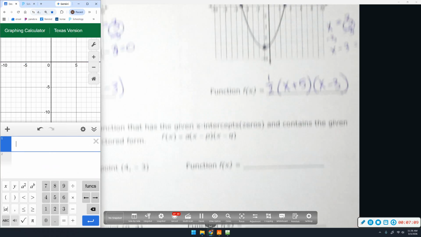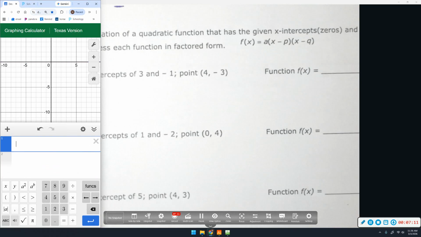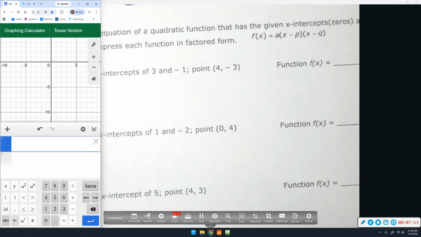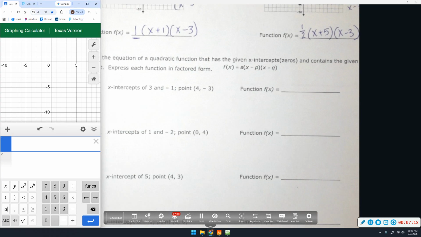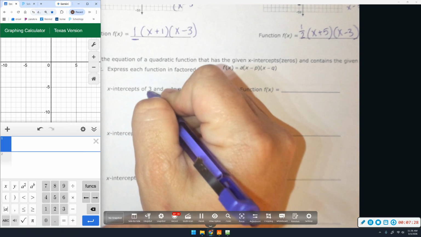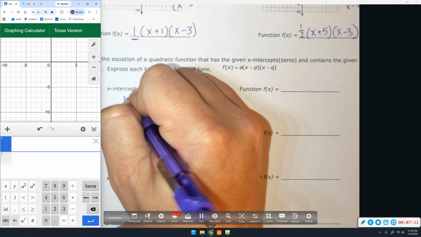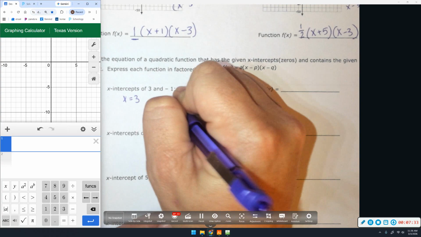Okay, so let's look at number 3. What's different here? Does it give me all the same information? Yeah, it does. It gives me 2 x-intercepts and a third point. So I just don't have a graph. We just can't visually see it, but I'm given the same information. So we're still going to set up our x-intercepts the same. So we have x equals 3, x equals -1.